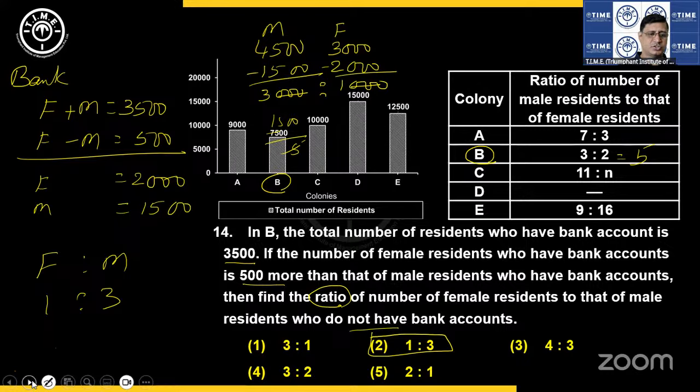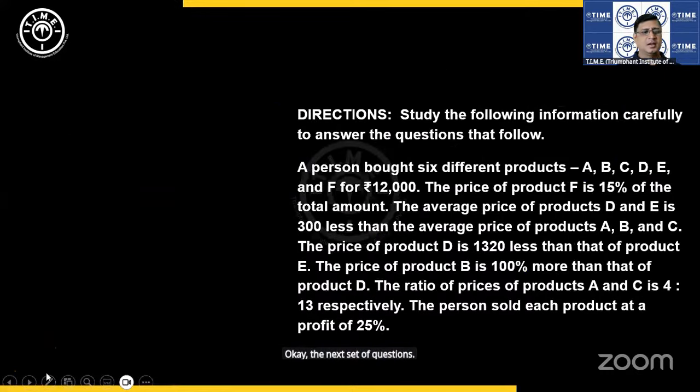Now look at the next set of questions. Please go through the data given here. Study the following information carefully to answer the questions that follow. A person bought 6 different products A, B, C, D, E, and F for rupees 12,000.